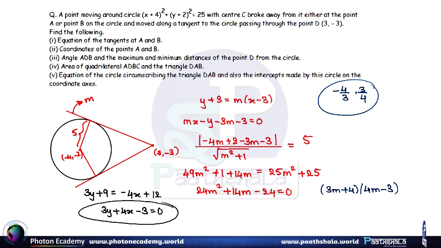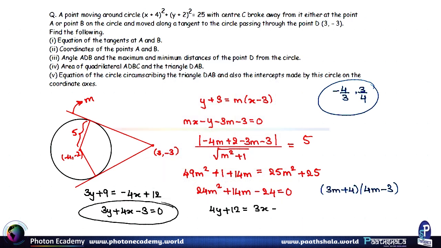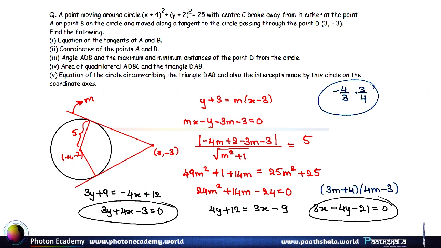This is the first equation. For the second equation, we have to substitute 3 by 4, so that becomes 4y plus 12 is equal to 3x minus 9. So this will become 3x minus 4y minus 21 is equal to 0. So this is the second equation.